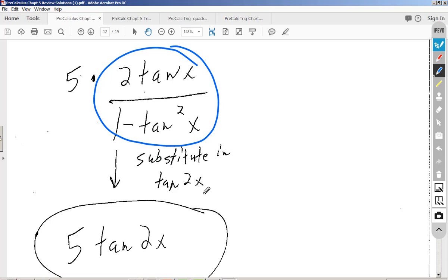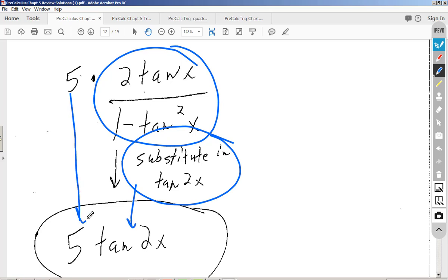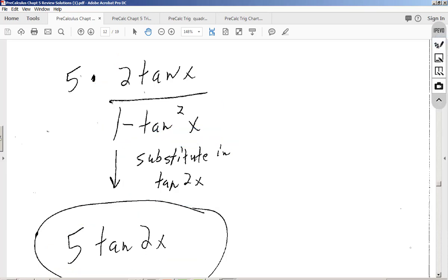Notice I wrote down, substitute in the tangent of 2x. Now I substitute that in, and I'm still left with my 5. So that would be my answer, 5 times the tangent of 2x. So it works both ways, going from the left to the right, and also from the right to the left.